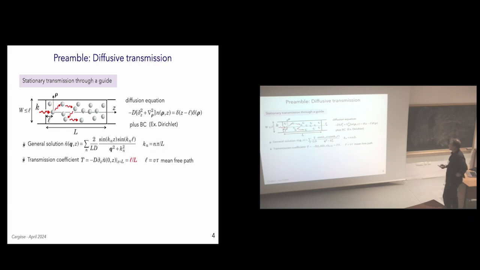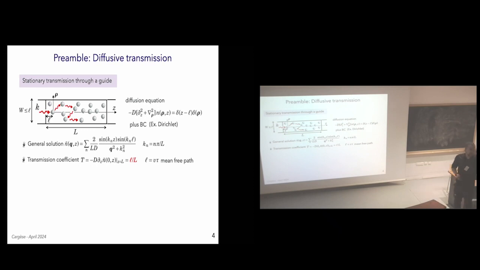So the important point is that when you have boundaries, in general, the solution of the diffusion equation takes the form of an eigenmode expansion, like this. And for this specific case, if you look at the current density here, at the output interface, and you sum over all possible directions, or you sum over all the transverse sections, so you take the momentum 0 here, you obtain the total transmission coefficient of this particle.